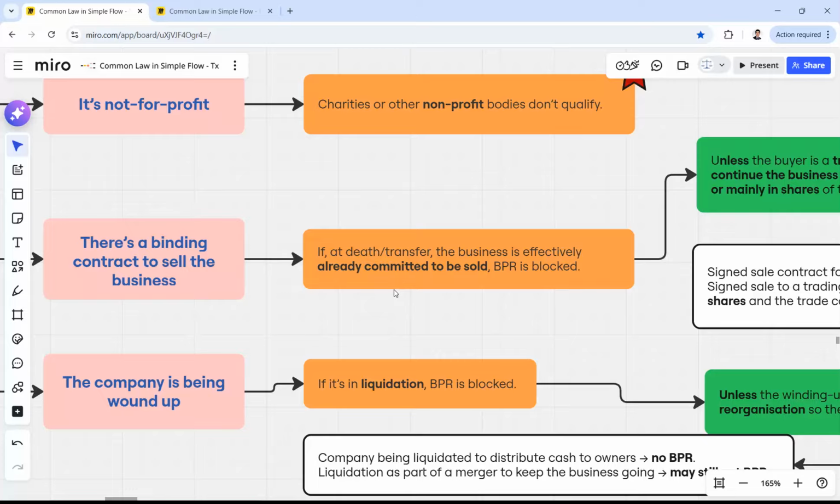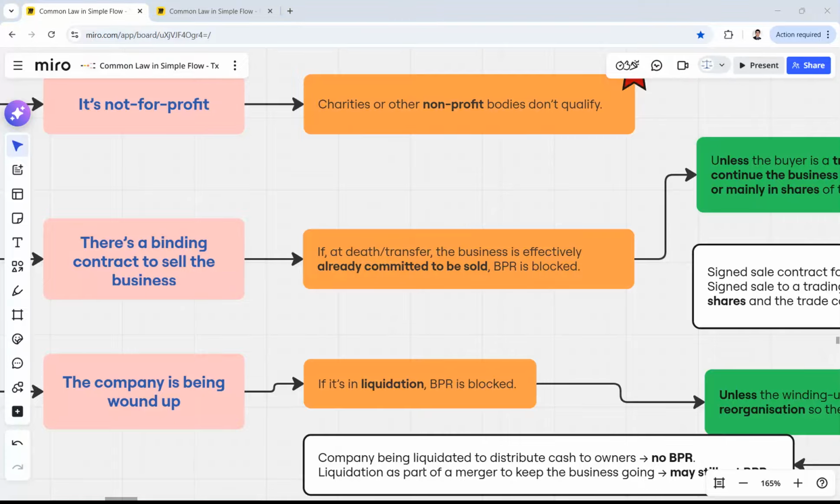Why? Because by the contract, this business asset is now cash. It doesn't matter whether the cash has been transferred or not. If the contract is binding, if there was an exchange of contracts, then the business is considered to be converted to cash.